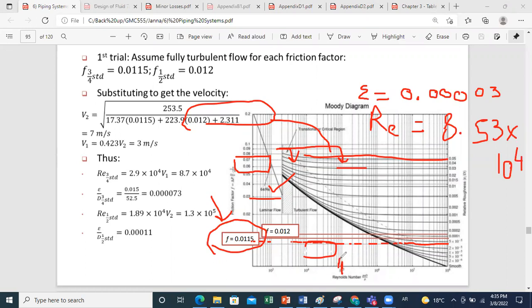Now if I follow my curve, I should follow these two curves. First I will put the line for the Reynolds number nearly like here, and I will draw in another color a line for epsilon over d.